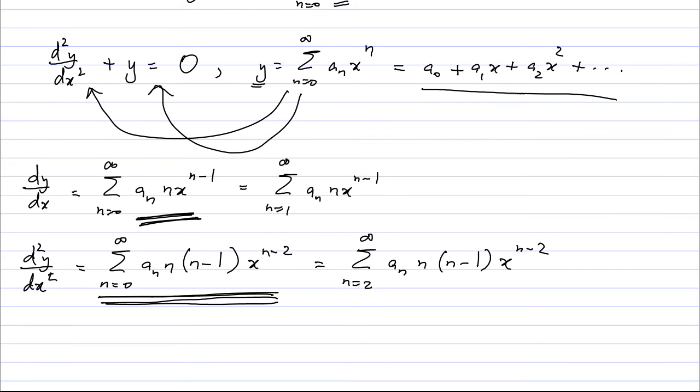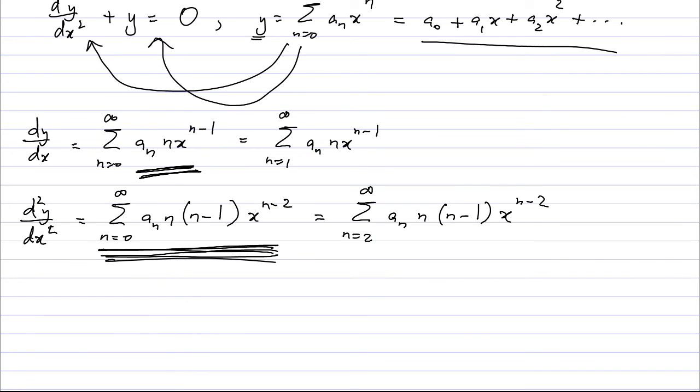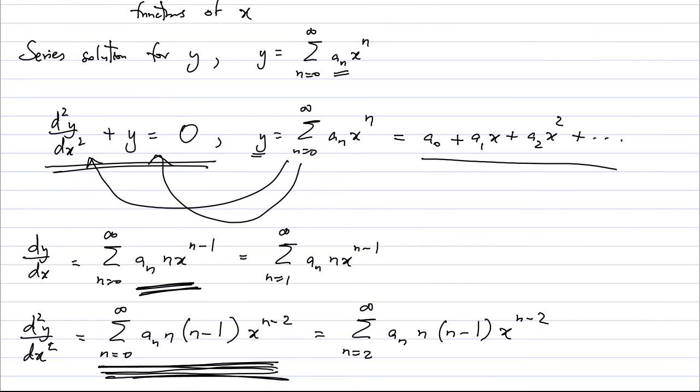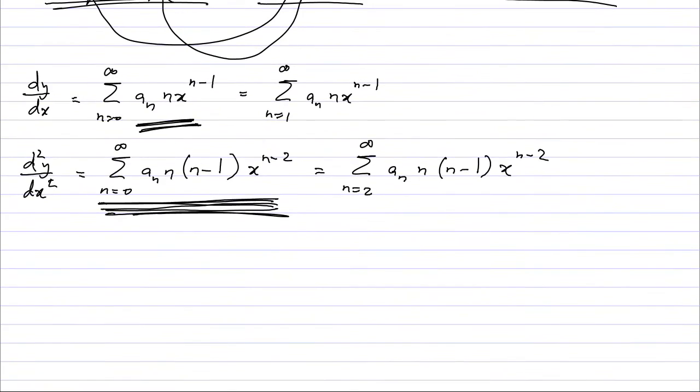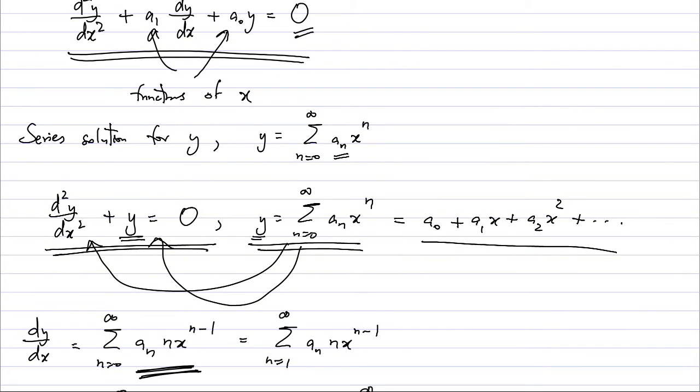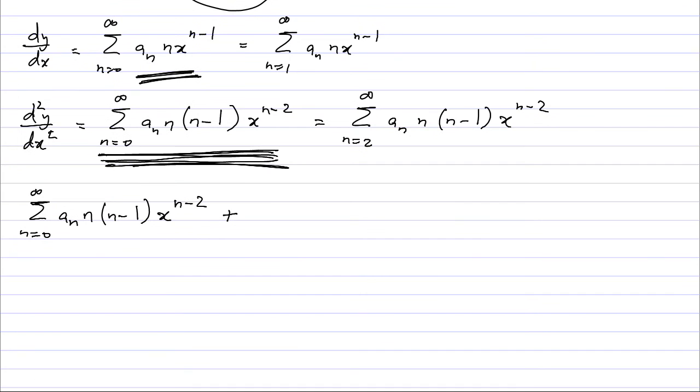Let's plug this into your differential equation. The double derivative of y with respect to x is the sum from n is equal to 0 to infinity of a_n times n times n minus 1 x raised to power n minus 2, plus you have over here y, so plus the sum from n is equal to 0 to infinity of a_n x raised to power n, is equal to 0.